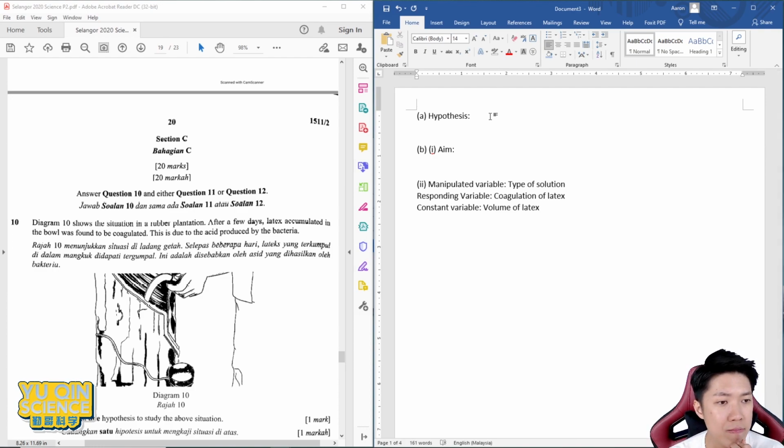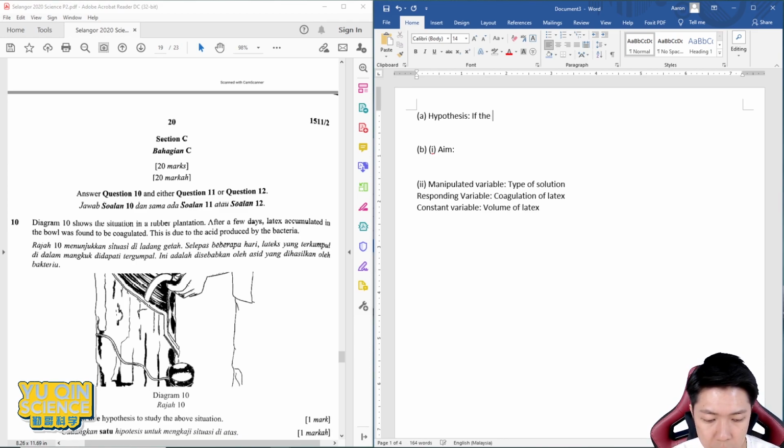If then, compare. So that's how you think about it. For this case, it's obviously not a "the more... the more..." relationship, because you can't show that the more of a liquid, the more it coagulates. No lah, this is can or cannot lah, right? So we go for, I think, if then, alright?